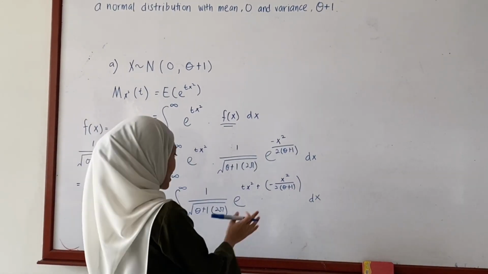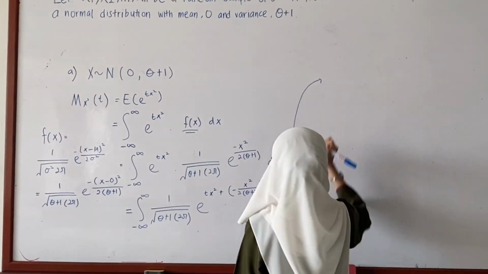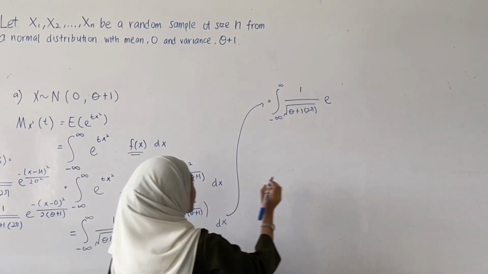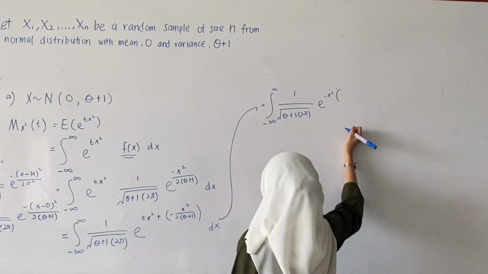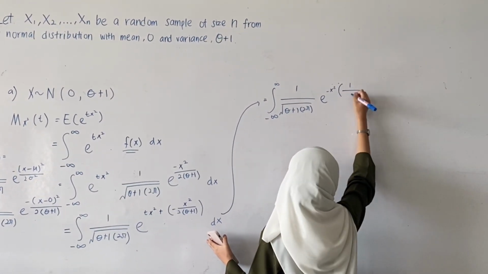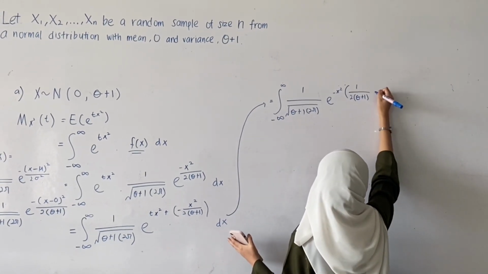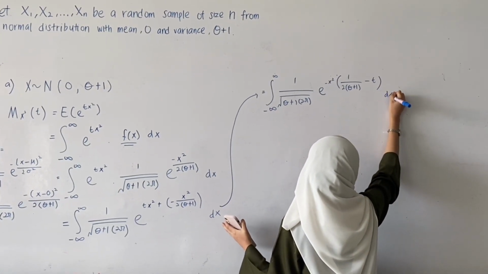Now, moving on to the next step. Take out the x squared. Therefore, we will get 1 over 2 theta plus 1 minus t, dx.